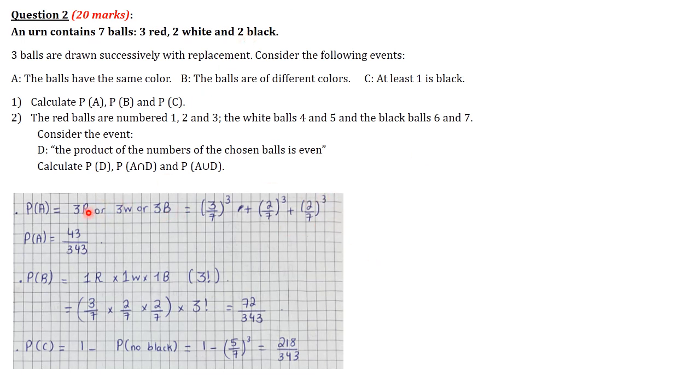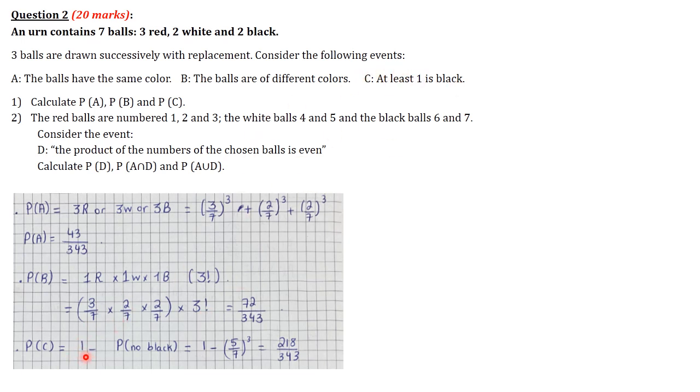Plus 3 white, it could happen because with replacement. So 2 over 7 cubed. 3 black, also 2 over 7 cubed. If this was successively without replacement, then it cannot be only 3 red, okay? So pay attention. So the probability of A is 43 over 343.